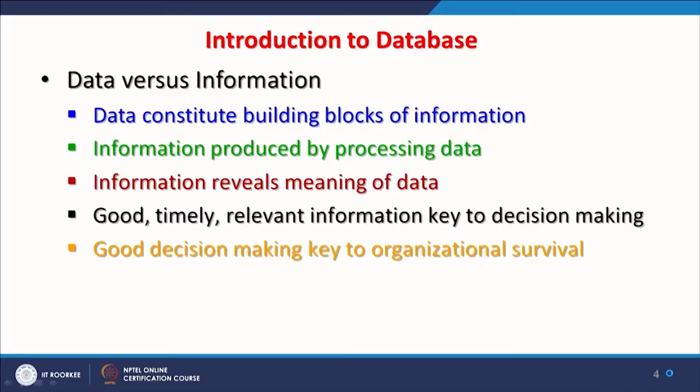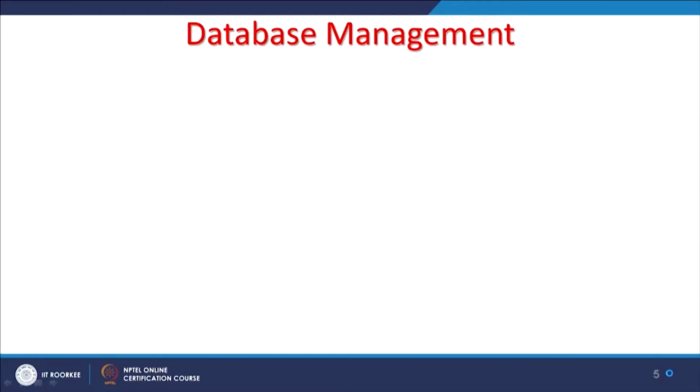Good decision making, as you know, is the key to organizational survival or success, and everyone would like to have a very nice database management system in their organization, so that whenever they want that information, that data, they immediately get it in an organized fashion, and it also has to be updated. Timely and quality data is most important in this.